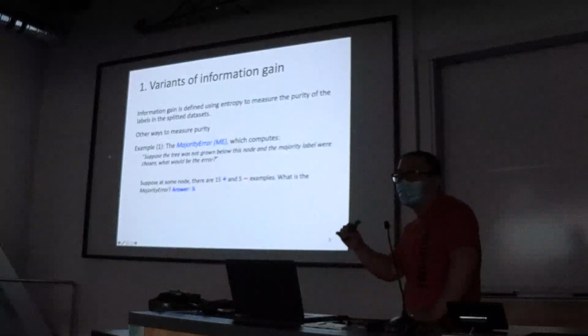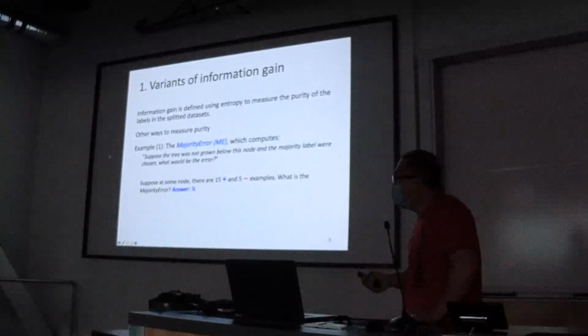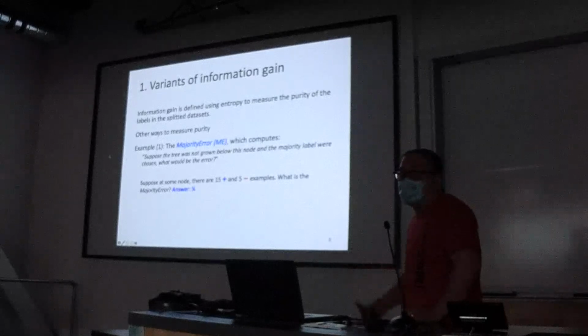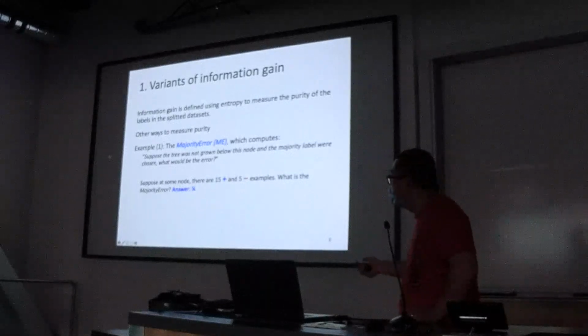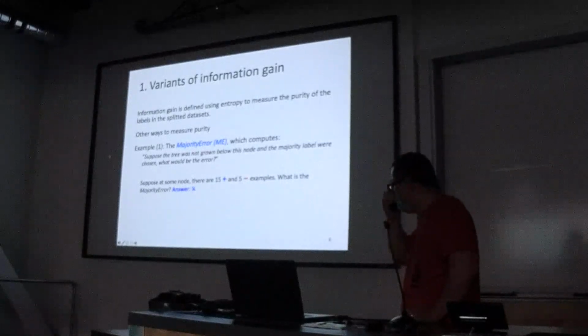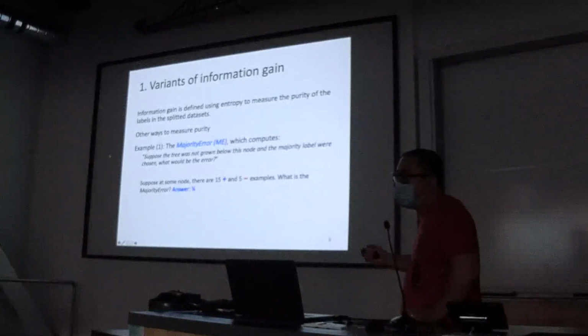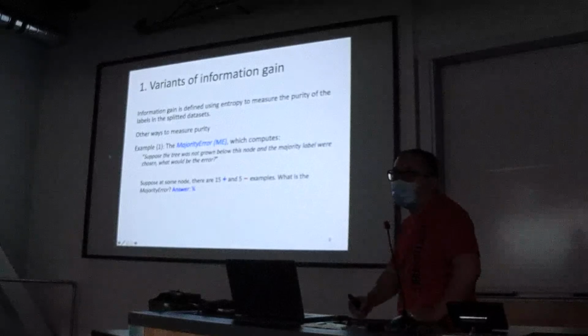That means the number of mistakes you make should be at most half of the examples. So the majority error won't be more than half. So half will be the biggest majority error, right?